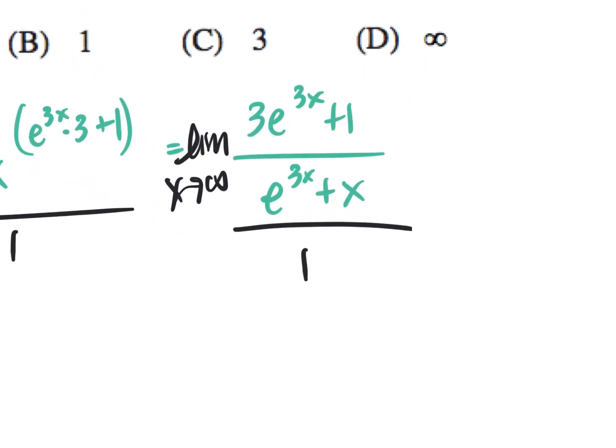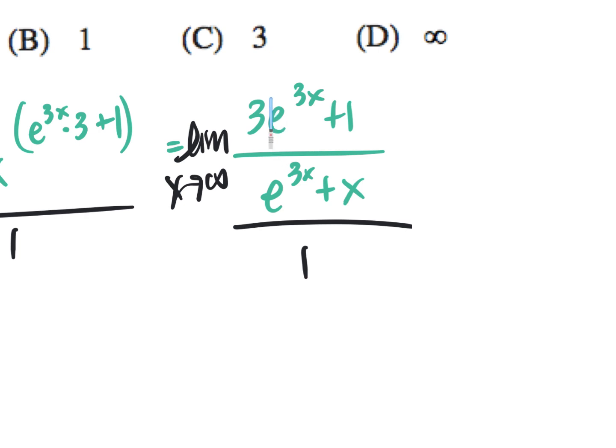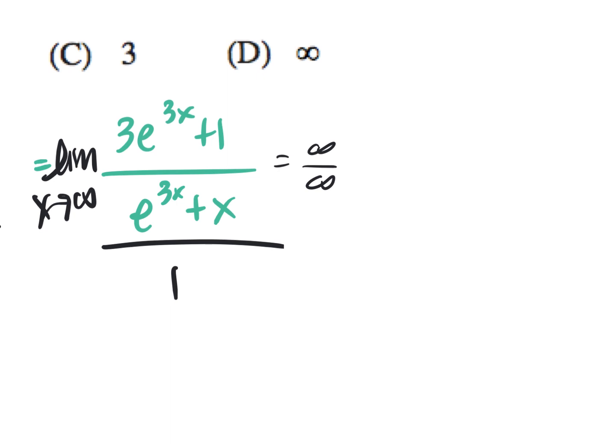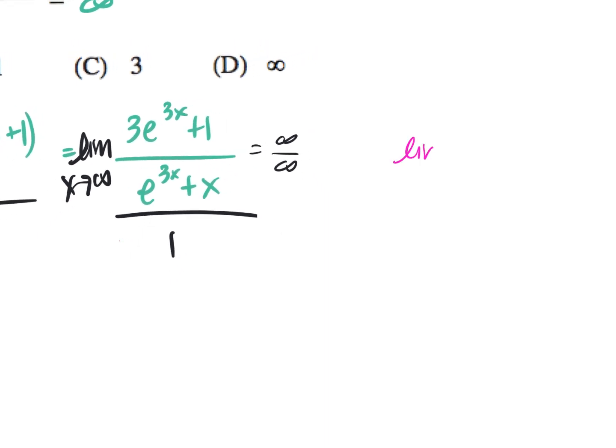What happens when I plug in an infinity here? E to the infinity divided by e to the infinity? We still have infinities over infinities. So let's try this one more time. The derivative of e to the 3x plus 1. What do you think? 3e to the 3x is going to be, yeah, Beck?